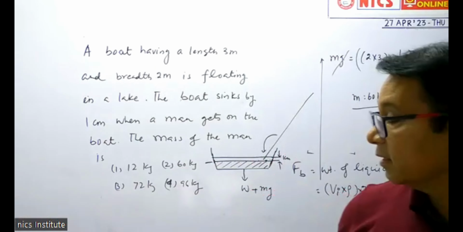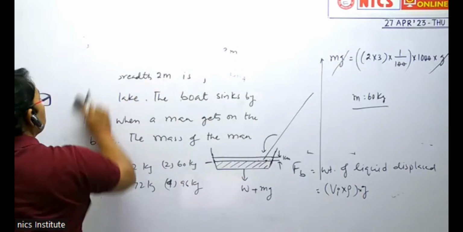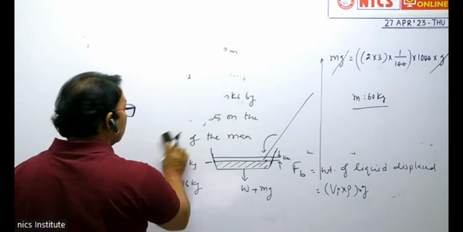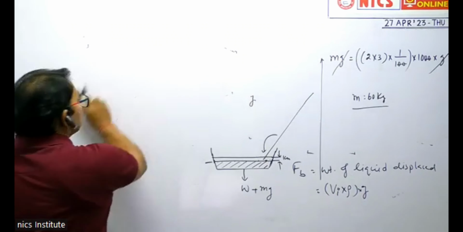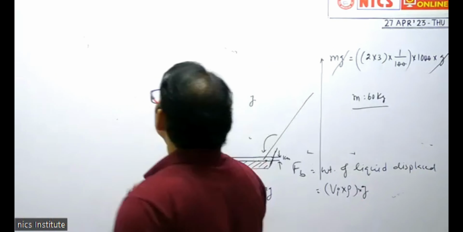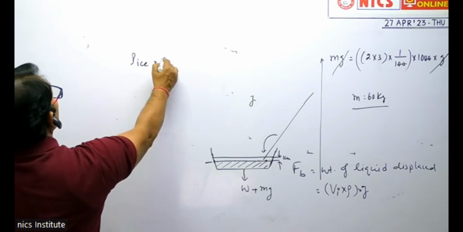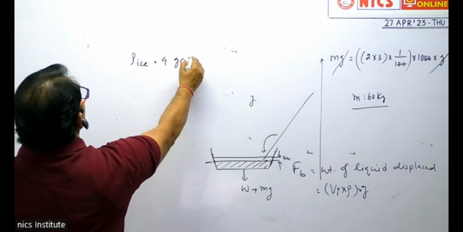The density of ice is 900 kg per meter cube, or 0.9 gram per centimeter cube.